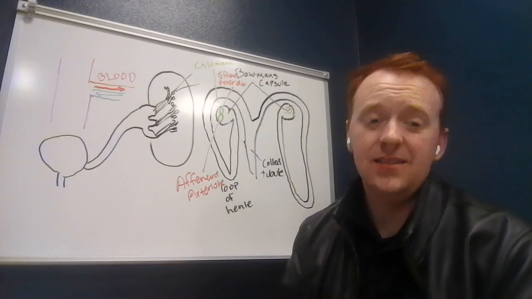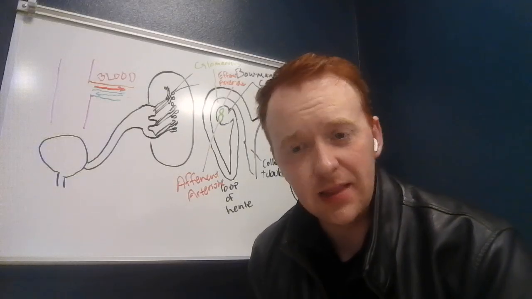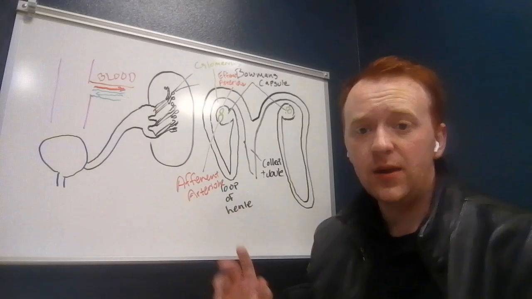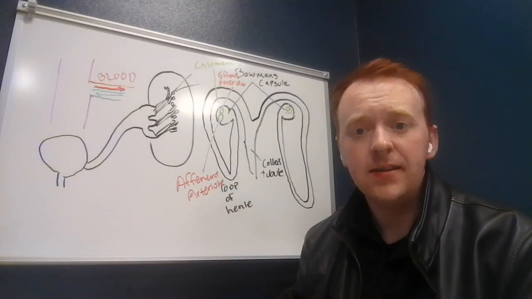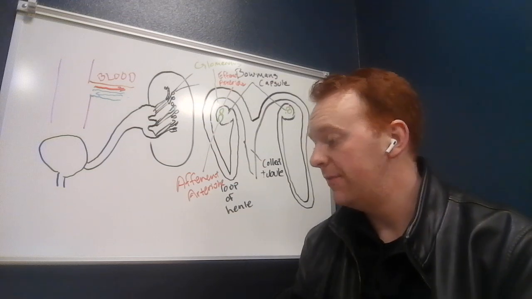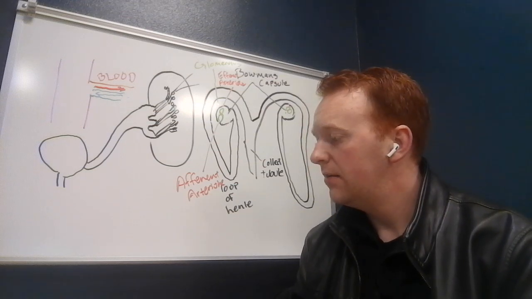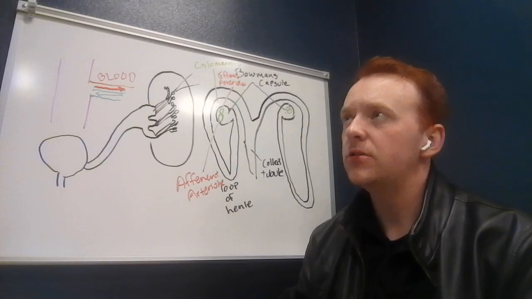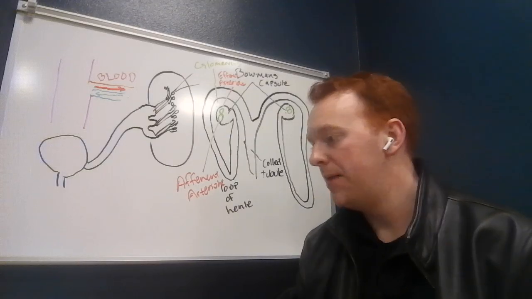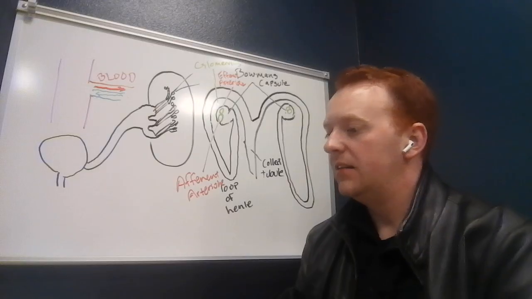But larger proteins and blood cells are too big, so they stay in the blood. The filtration membrane itself has three layers: the endothelium, the basement membrane, which blocks large proteins, and the podocyte filtration membrane. Podocyte filtration slits basically fine tune what passes through into the kidney.